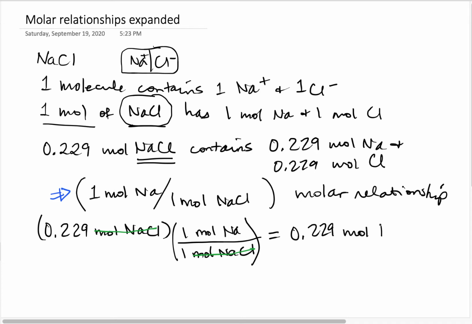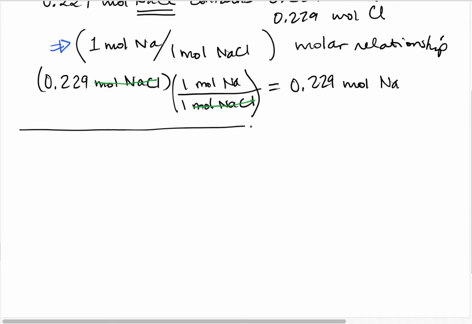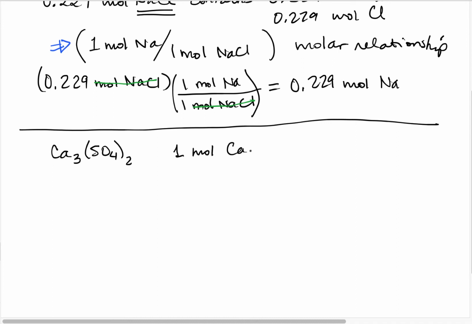Now, I recognize that this probably looks really simple, so let's take a more complicated scenario and see how it can be handy. How about a different molecular formula, like calcium sulfate? All right, we got a lot of subscripts here. So if we were looking at 1 mole of calcium sulfate, our molecular formula shows us that we have 3 moles of calcium.